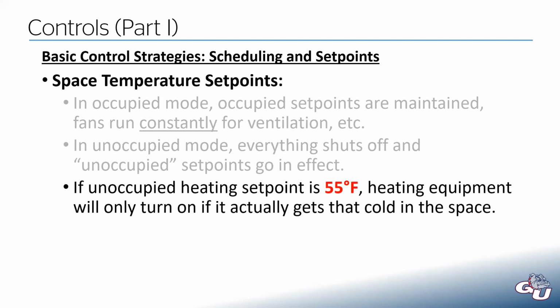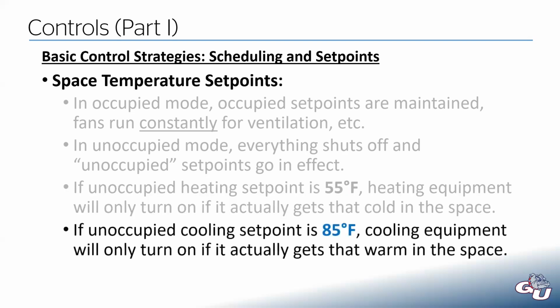Remember, we were maintaining our building at around 70 degrees, and then all of a sudden we go into unoccupied mode, all of our set points drop to 55. Now our heating equipment will remain off unless it actually gets down to 55 degrees. Similarly, on the cooling side, unoccupied mode at 85 degrees, the cooling equipment will only turn on if it actually gets that warm.